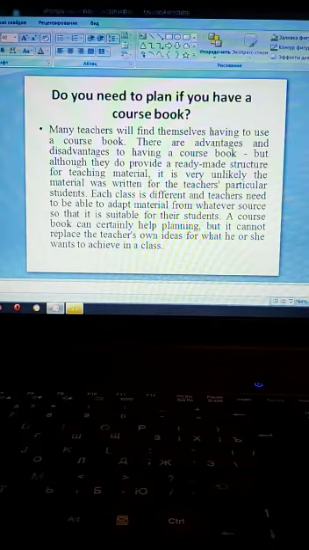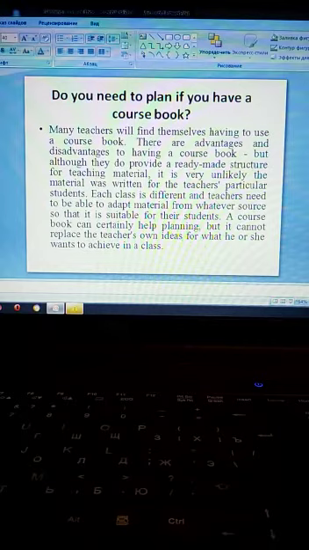So, do you need to plan if you have got a course book? Many teachers will find themselves having to use a course book. There are advantages and disadvantages to having a course book, but although they do provide a ready-made structure for teaching material, it's very unlikely the material was written for the teacher's particular students.